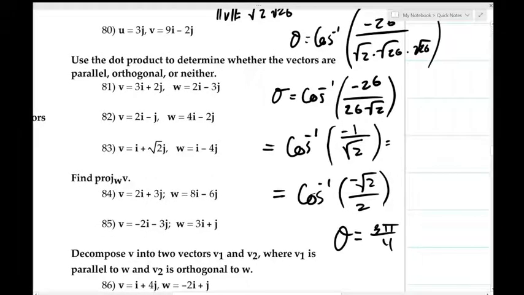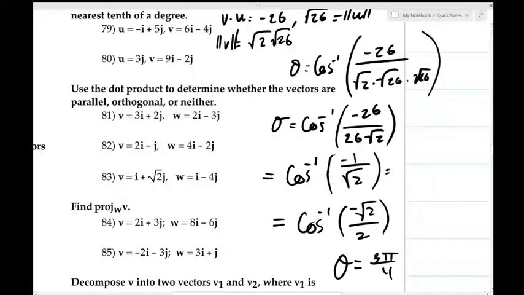Okay, so the angle between the two, and if we want to give it in degrees, then it's going to be 135 degrees. Okay.